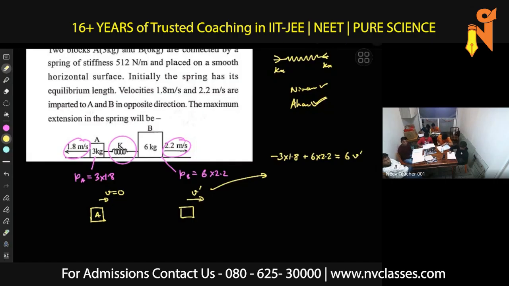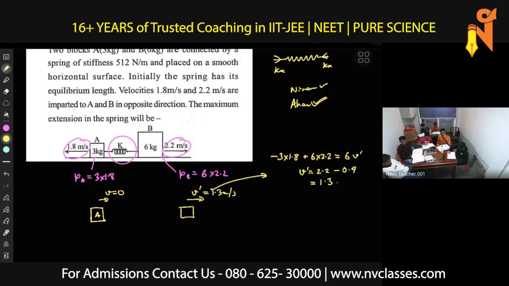See how cool it is, not actually multiplying 6 into 2.2. Look on the board how useful it is for me. V dash is equal to, I divide with 6. So what do I get? Minus 2.2 minus the 0.9. 3 by 6 is half, so it is 0.9, and which is 1.3. We get that this is traveling with 1.3 meter per second.